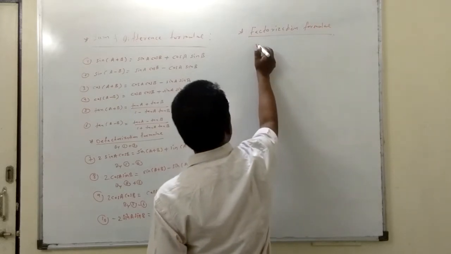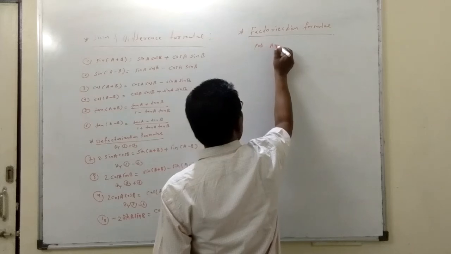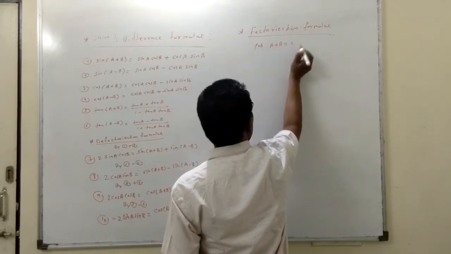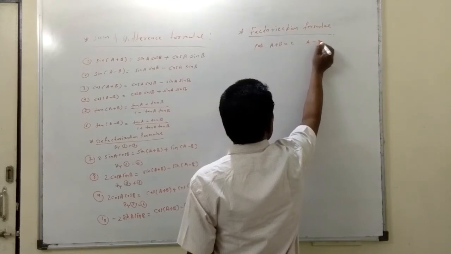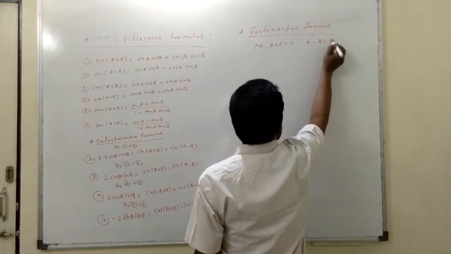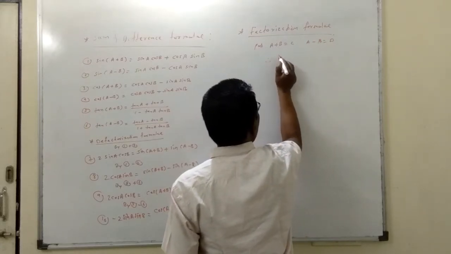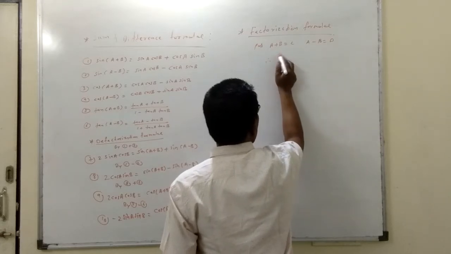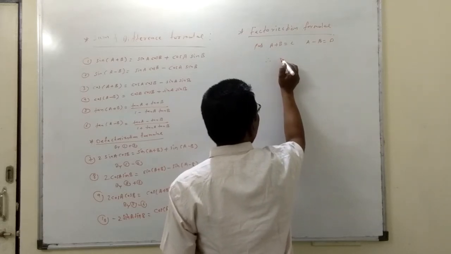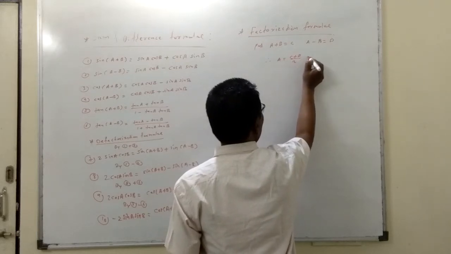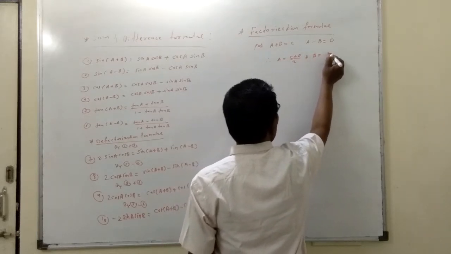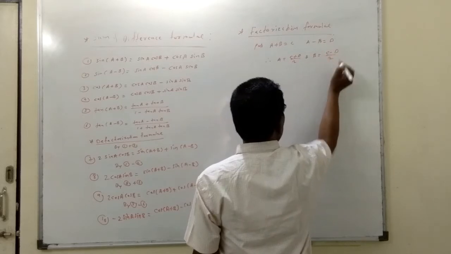So if we put A plus B is equal to C, A minus B is equal to D, now by addition B gets cancelled, A plus A is 2A, 2A is equal to C plus D, so A is equal to (C plus D) by 2 and B is equal to (C minus D) by 2.